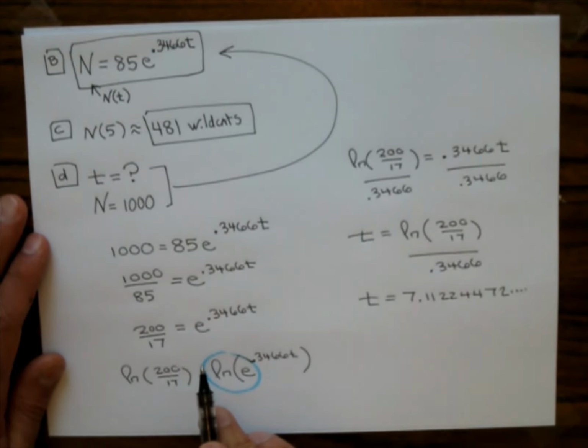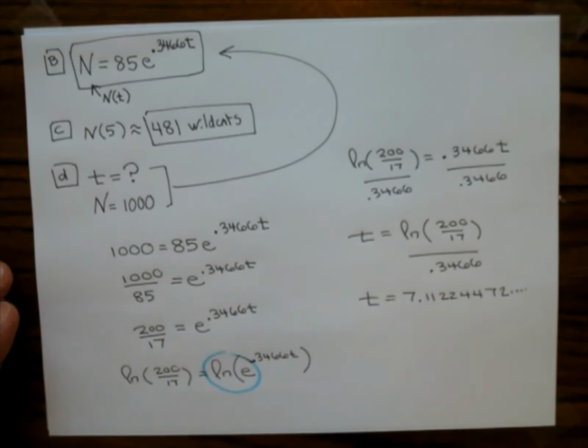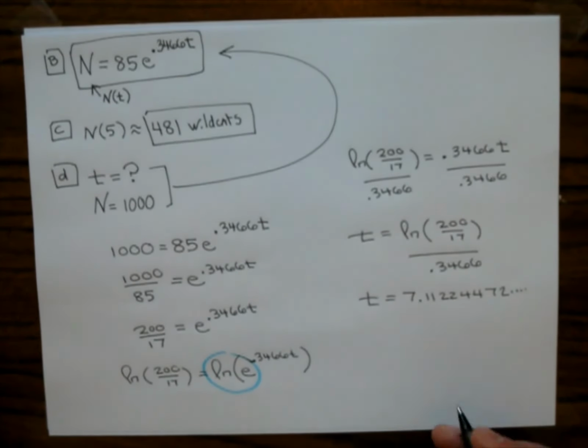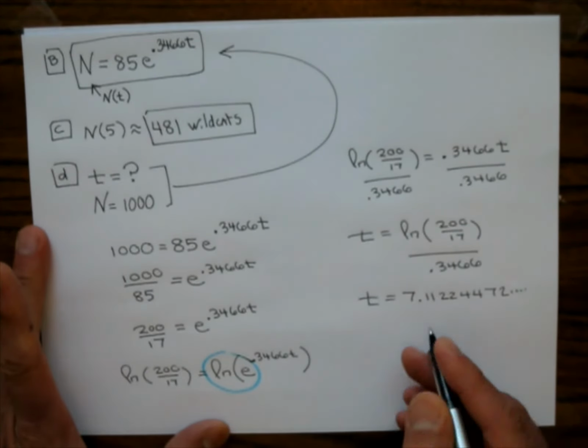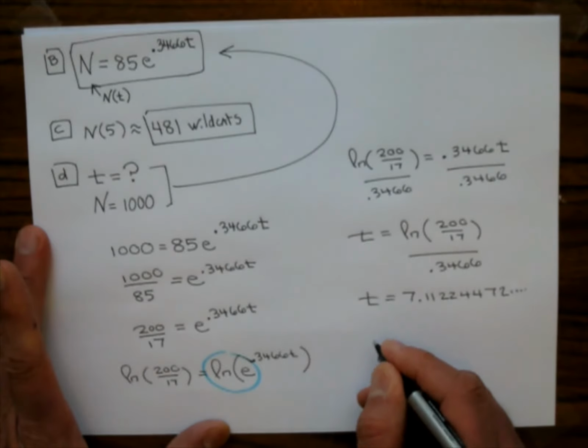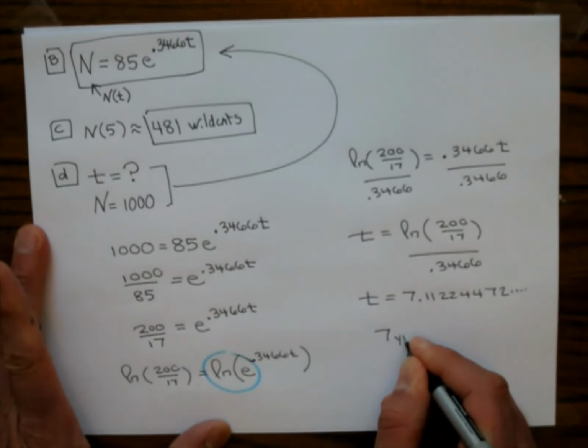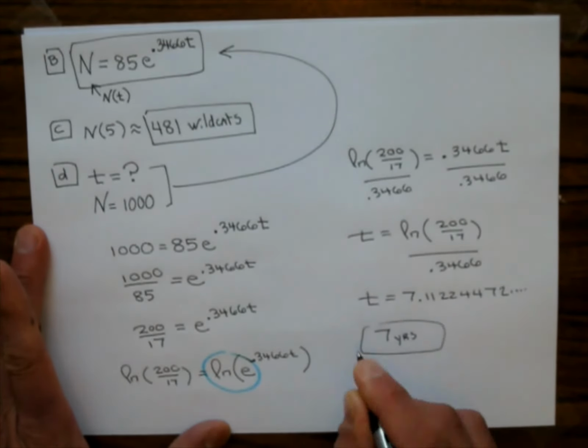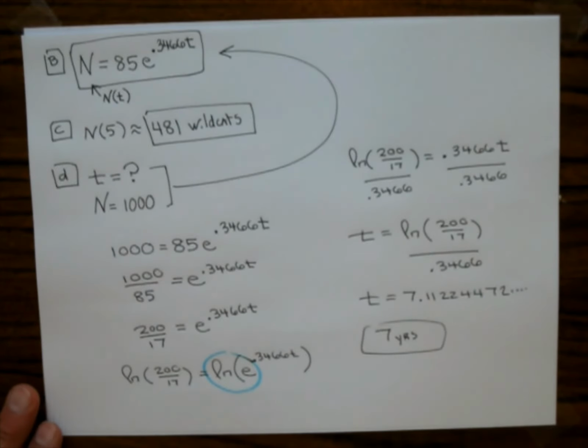So they told me in this problem, round to the nearest year. So this is measured in years, so this rounds to 7 years. So 7 years. That's how long it will take with this model for the wildcat population, which is currently 85, to get up to 1,000.